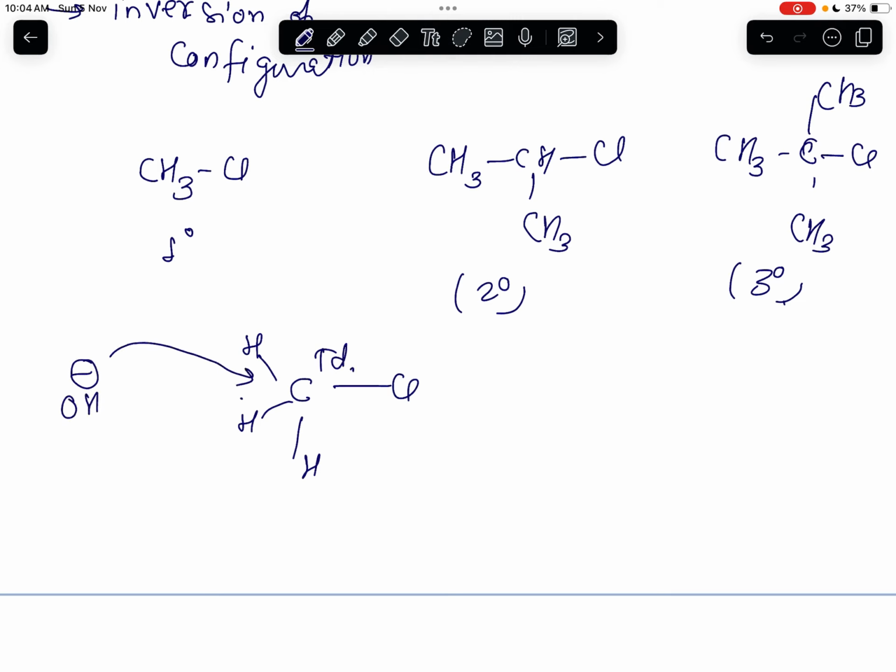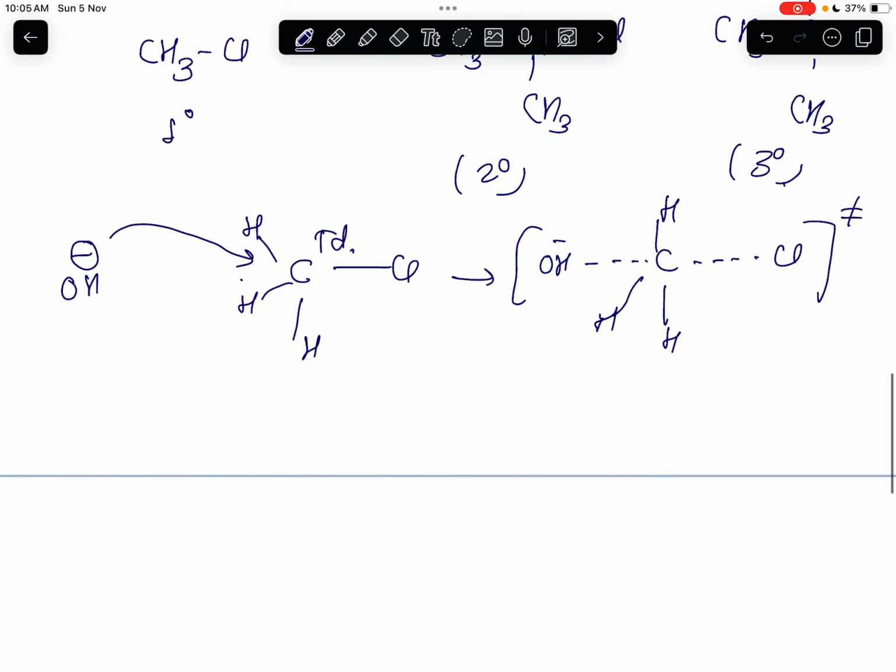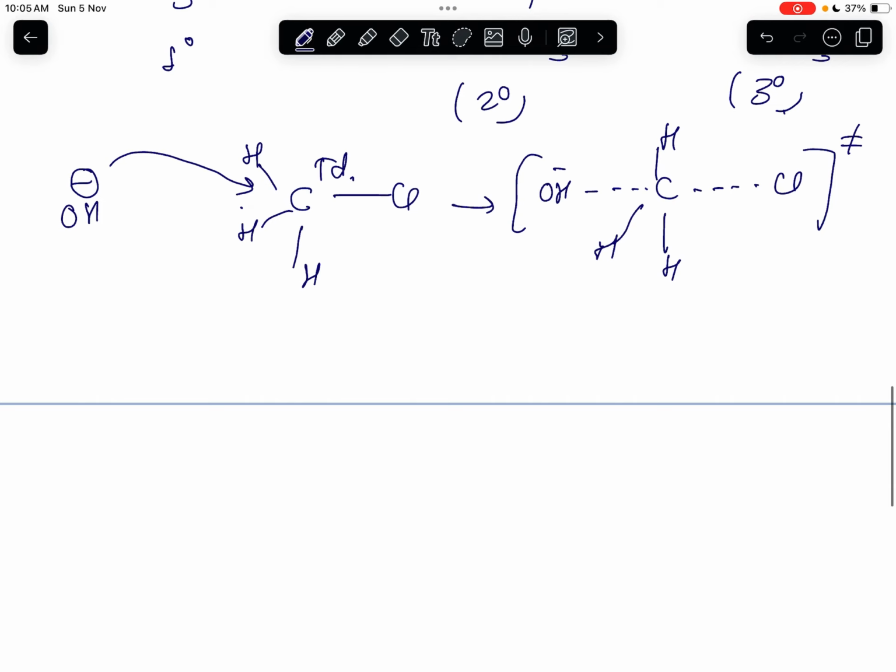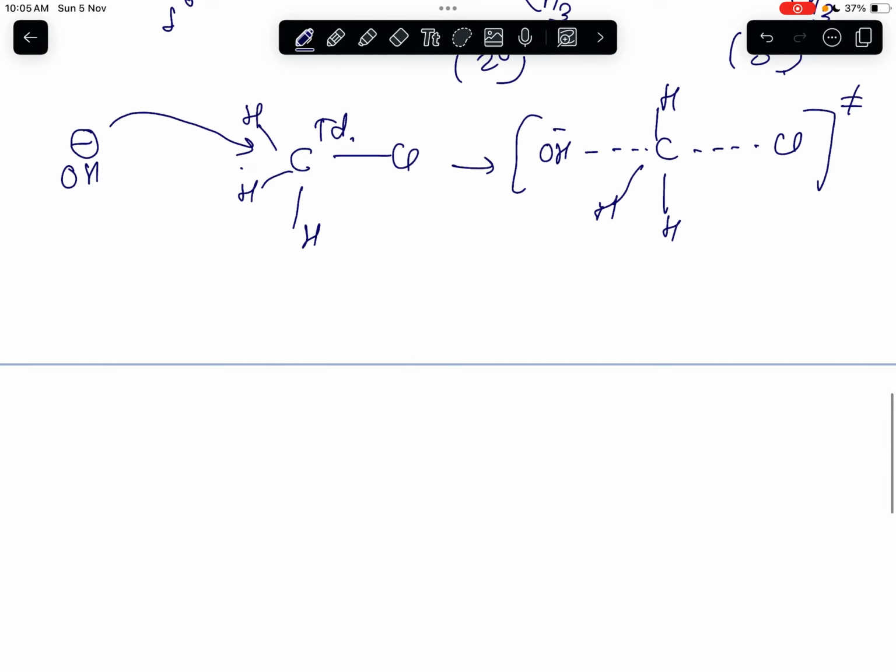As it approaches, the OH bond forms with the carbon and the C-Cl bond breaks simultaneously. This is the transition state, and it is unstable. We cannot isolate it because the carbon shows five bonds here. That's why it is a single step, and it generates methanol by leaving Cl negative.